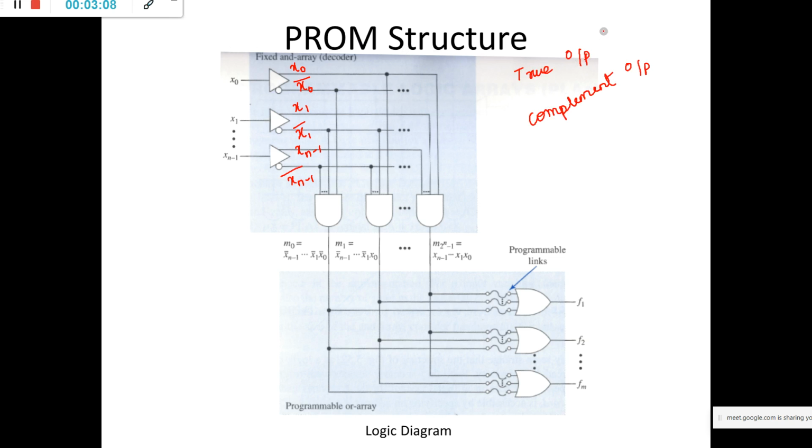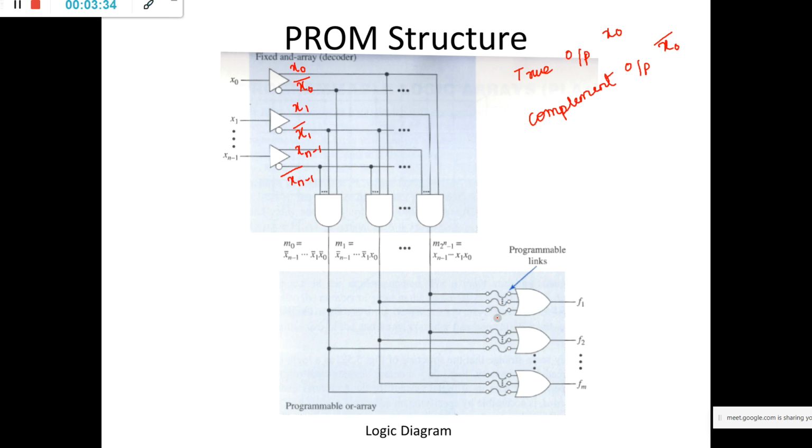If you are getting x0 as the true value, you will be getting x0 bar as the complemented value. These true and complemented values are connected to the AND gates, and then the outputs of these AND gates are connected to the OR gates. As you can see here, the AND gates are fixed.